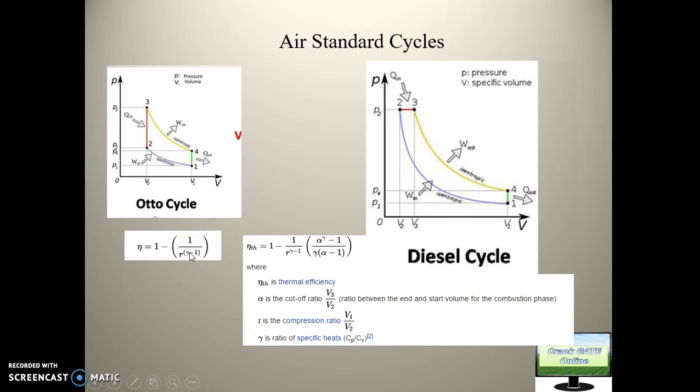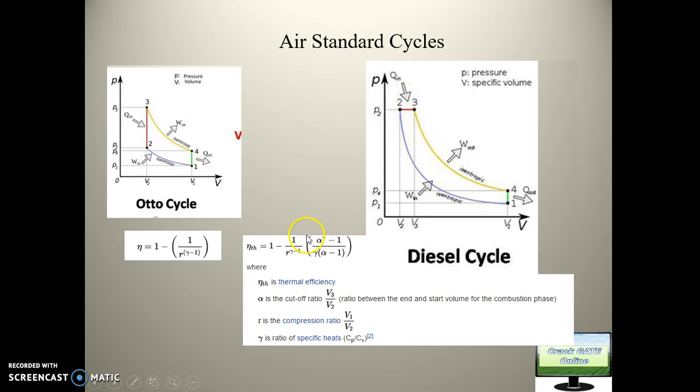In diesel cycle it is a little bit complex. Write the same equation here, 1 minus 1 upon r to the power gamma minus 1, put a bracket, then alpha to the power gamma minus 1 upon gamma into alpha minus 1. Alpha is the cutoff ratio. Cutoff ratio is V3 upon V2, volume 3 upon volume 2.